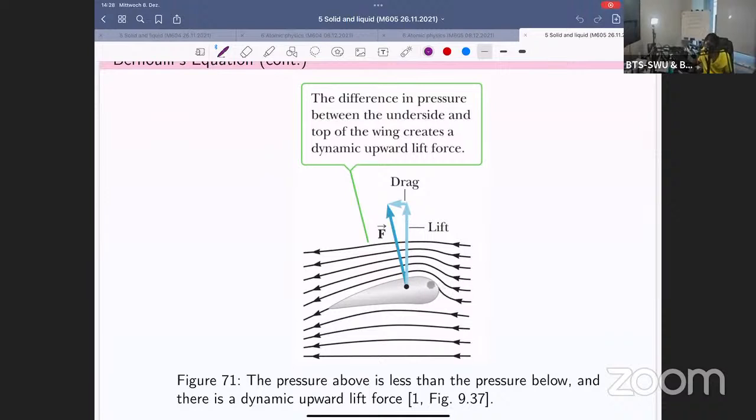When the wind touches the wing like this, you can see that this is the curved shape, right? The curved line, and of course there is also the part here. When you compare the distance along these two traveling lines, this line is shorter than this line, right?